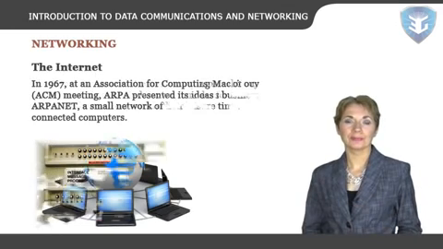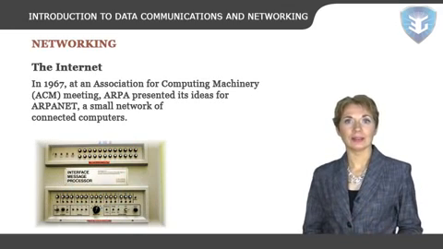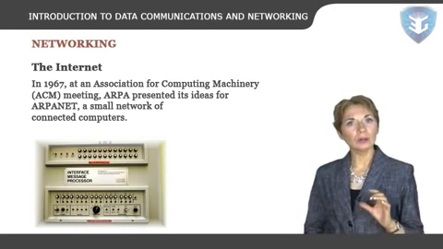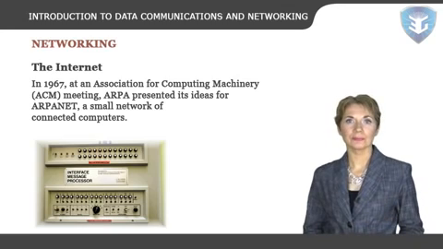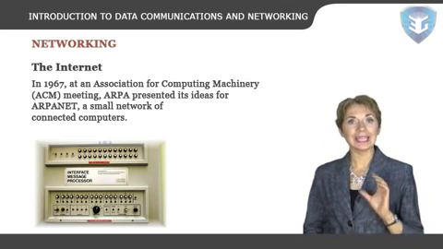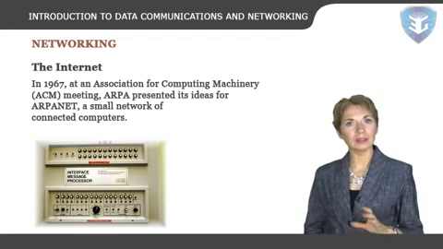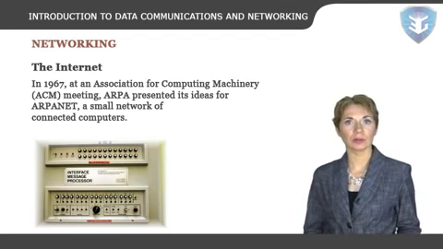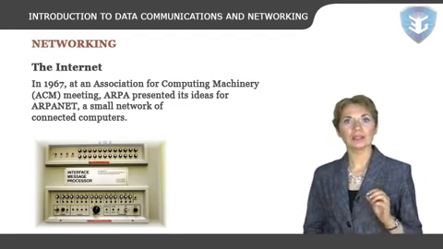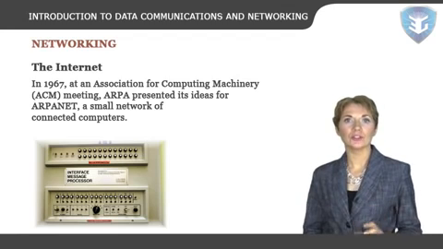In 1967, at an Association for Computing Machinery, or ACM meeting, ARPA presented its ideas for ARPANet, a small network of connected computers. The idea was that each host computer, not necessarily from the same manufacturer, would be attached to a specialized computer called an Interface Message Processor, or IMP.